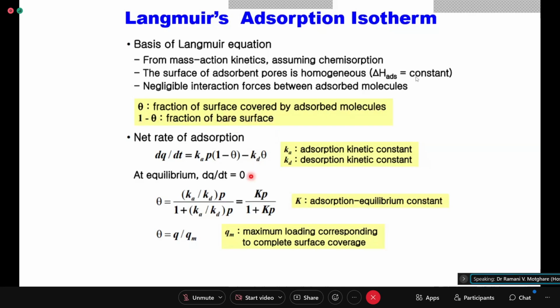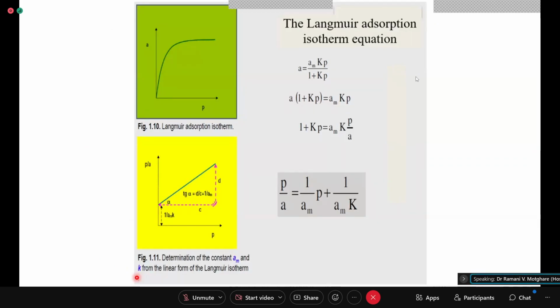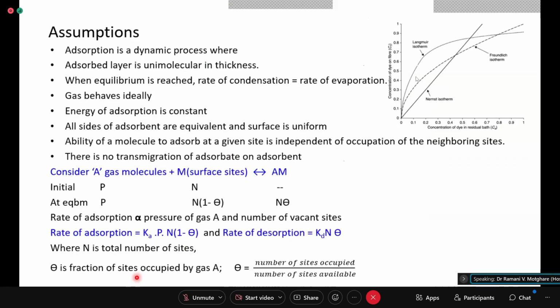Now I'll go with the derivation. Adsorption is a dynamic process where the adsorbed layer is unimolecular in thickness.